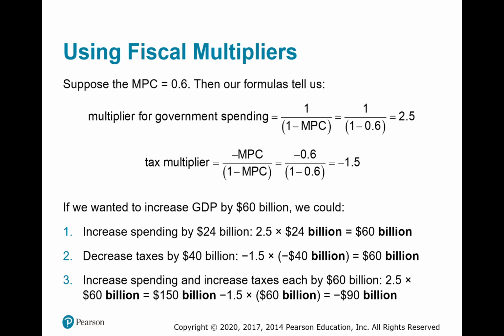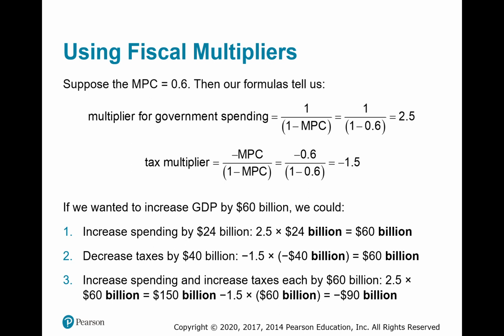That's one thing. Now, what if we don't increase government spending and we decide to decrease taxes? All right, so let's decrease taxes by $40 billion. If we do the negative multiplier and multiply it by 40, the 2 negatives become a positive, and that will give us $60 billion.